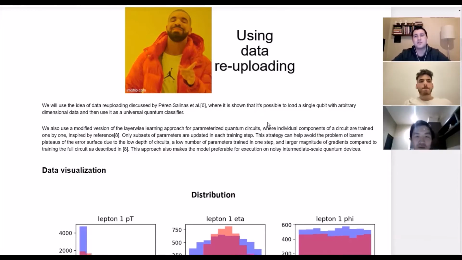This strategy can help us avoid the problem of barren plateaus of the error surface due to the low depth of the circuits. There is a lower number of parameters trained in one step and a larger magnitude of gradients compared to the training of the full circuit, as described in Article 8 as well. Of course, this approach also makes the model preferable for execution on noisy intermediate-scale quantum devices, similar to the data reuploading technique.